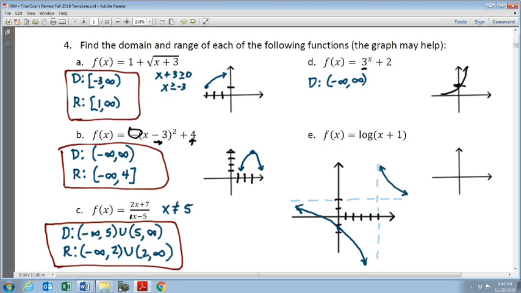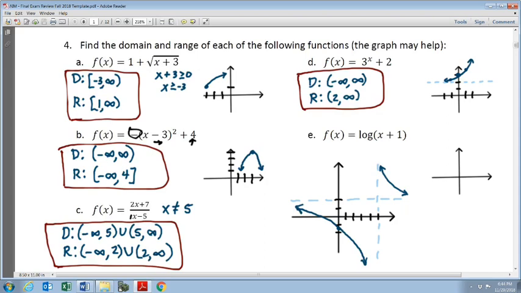And then the graph will look something like that with an asymptote right there. So the only thing we have to do here is, because of this 2, we're going to move everything up 2. So let me erase these marks, and I'll go ahead and put in the graph. And it looks like that. Alright, so you can see that our range, our lowest point, we don't quite get to 2, so it starts at 2. There is no highest point, so it's 2 to infinity.